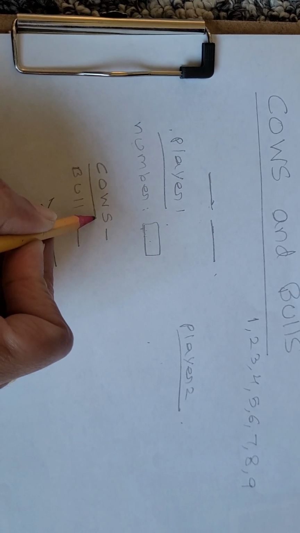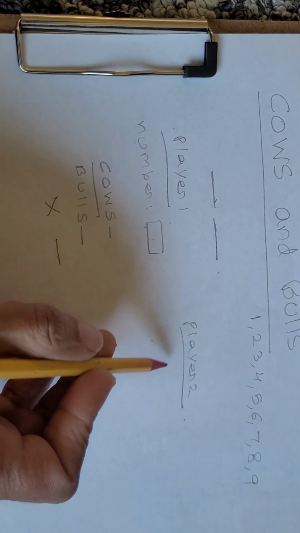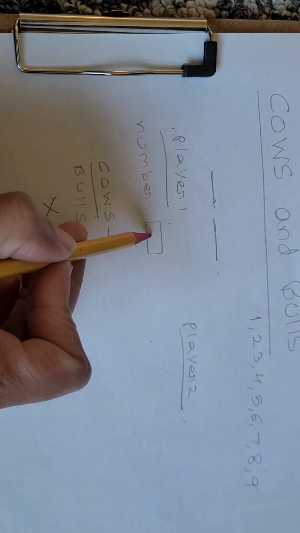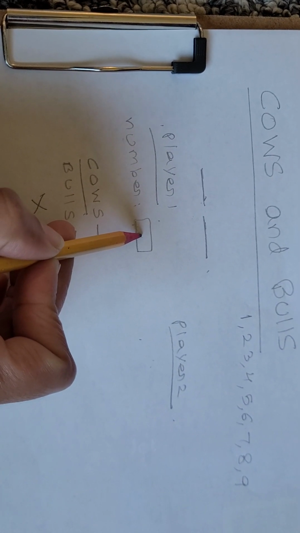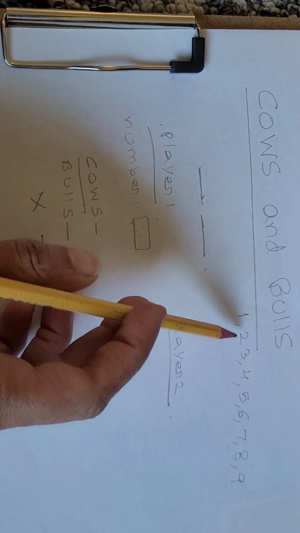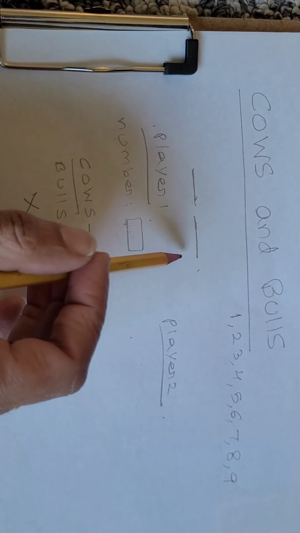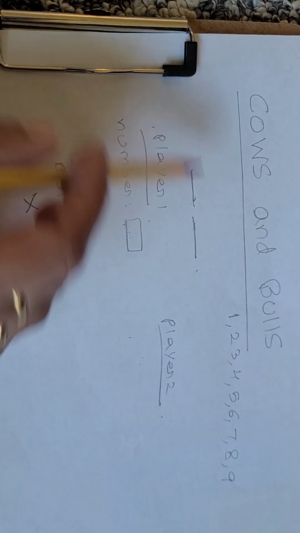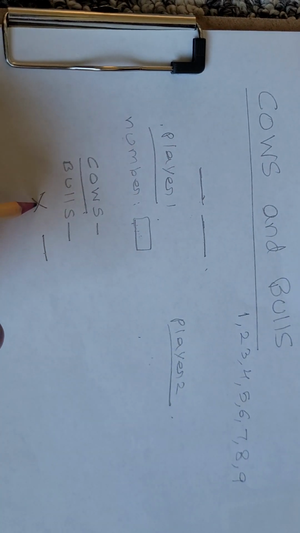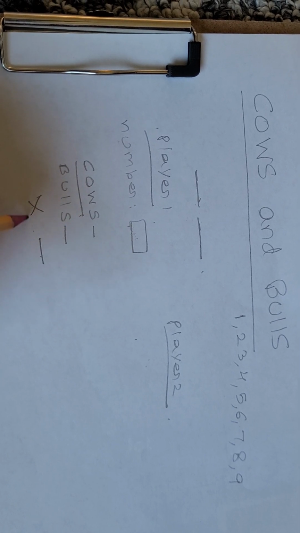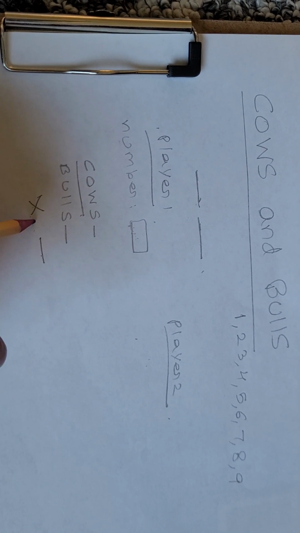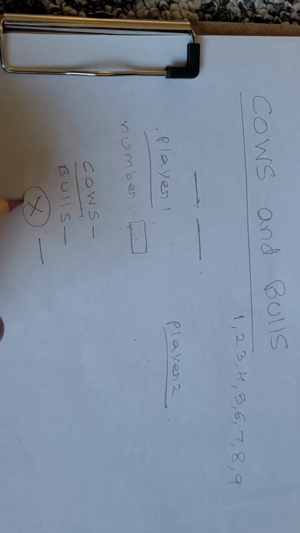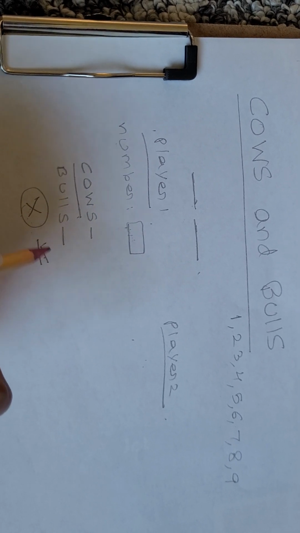So if the player 2 guesses my number, and he or she says the digits of my number, say 31, and in my two-digit number I don't have 3 and 1, then in that case I say that my number has a cross in it, and I tick for that.